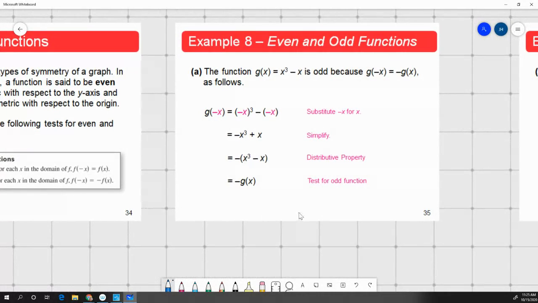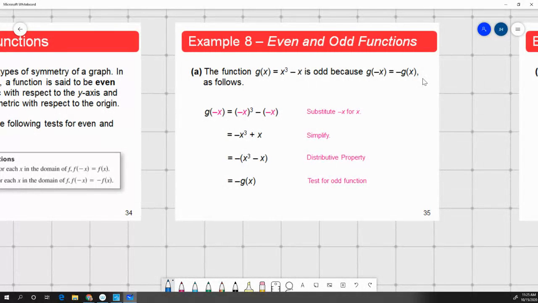So when we're talking even and odd functions, here we've got basically similar to the equation we were just working with. It says that the function g of x equals x cubed minus x is odd because g of negative x equals negative g of x.